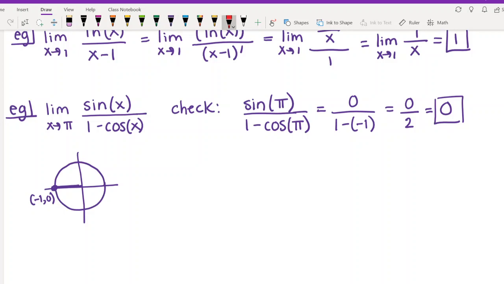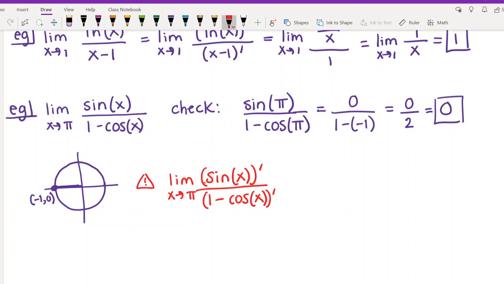So if we had instead tried to use L'Hopital's rule, let's say you didn't check, which you might not, right? Because you might forget. So let's say that you tried to do this using L'Hopital's rule. You would say, okay, this is going to be equal to the limit as x approaches pi of the derivative of sine of x over the derivative of 1 minus cosine of x.